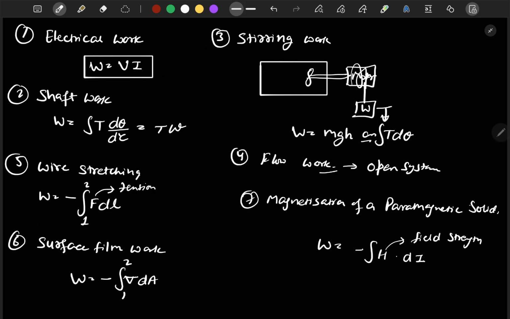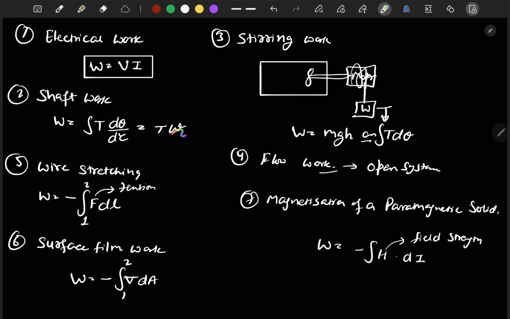These are some types of work which are available. The first one is electrical work, which can be calculated using voltage into current. Next one is shaft work, which can be calculated by torque into angular speed, either by integrating or directly.